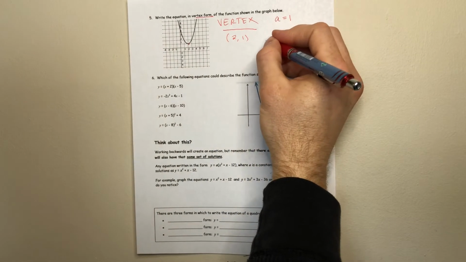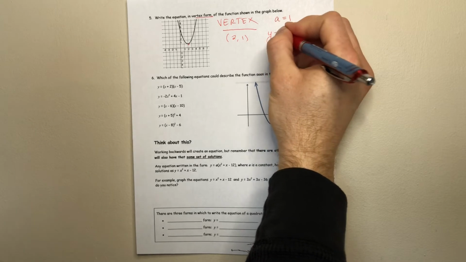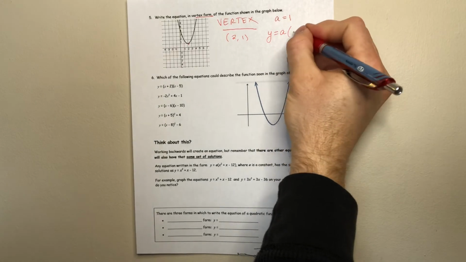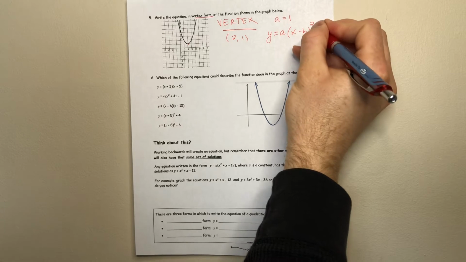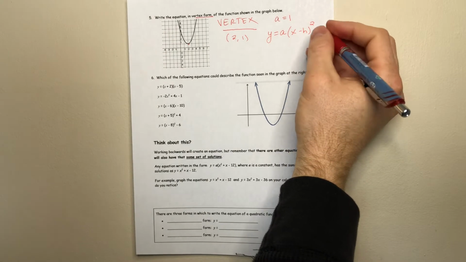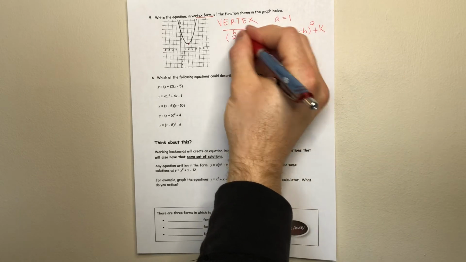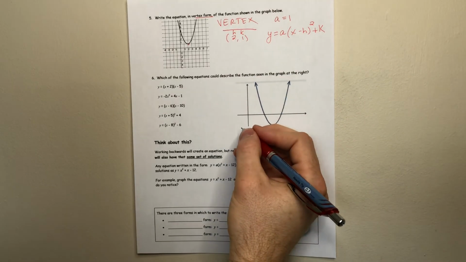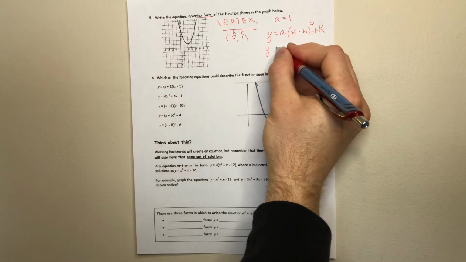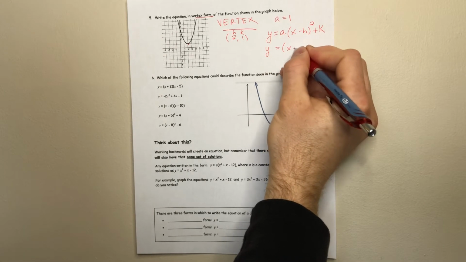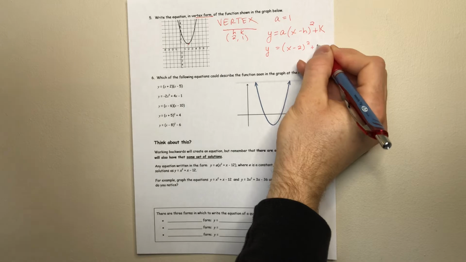We have y equals, and remember the form is the a value times x minus h squared, plus k. So this is h, this is k, this is a. So it's going to be y equals x minus 2 squared plus 1.